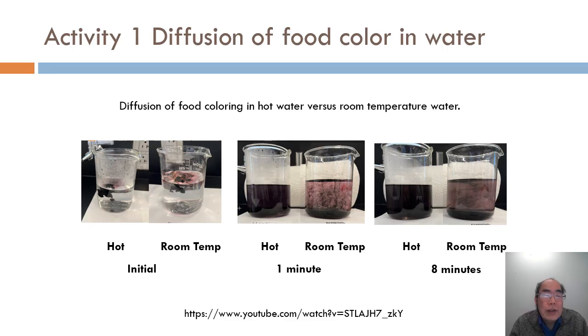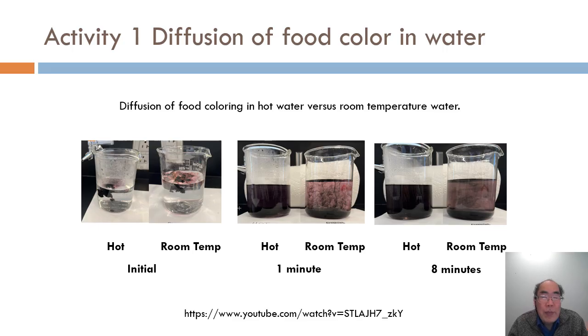In the middle panel, these are the beakers after 1 minute, and you can see the food coloring that was put in the hot water is almost completely dissolved, diffused throughout the beaker, whereas in the beaker on the right with the room temperature water, you can see it kind of settle to the bottom, and some of it is diffusing upward into the solution.